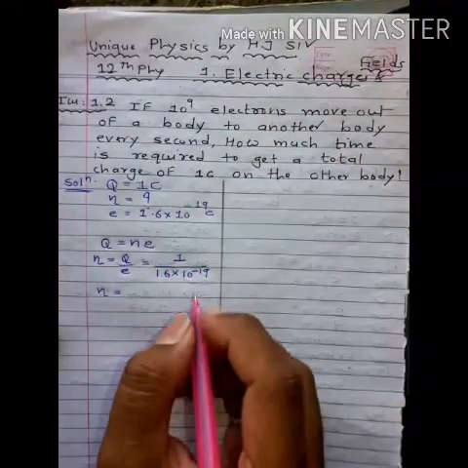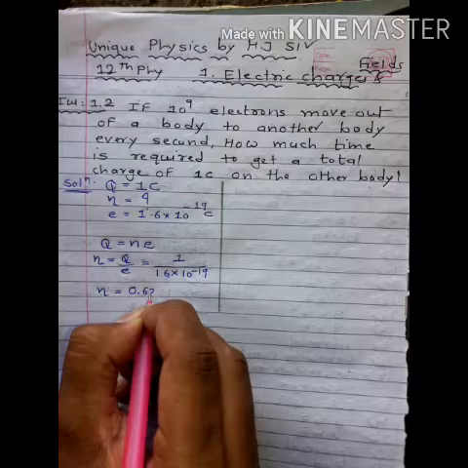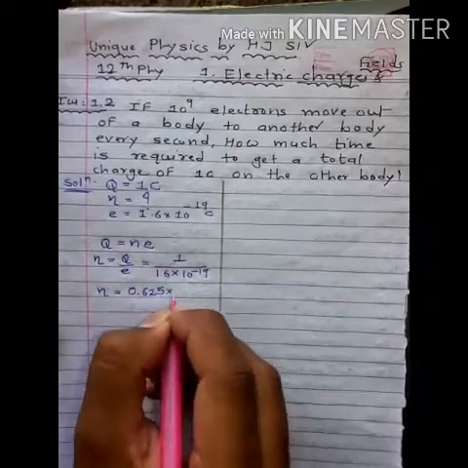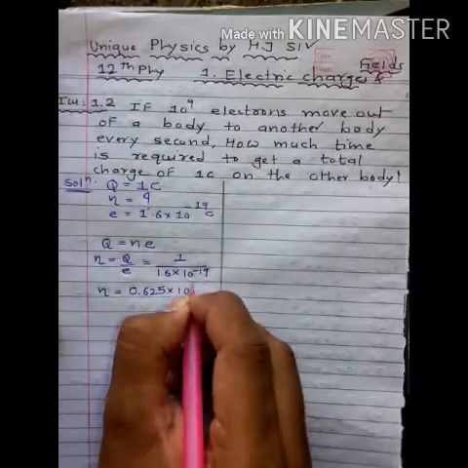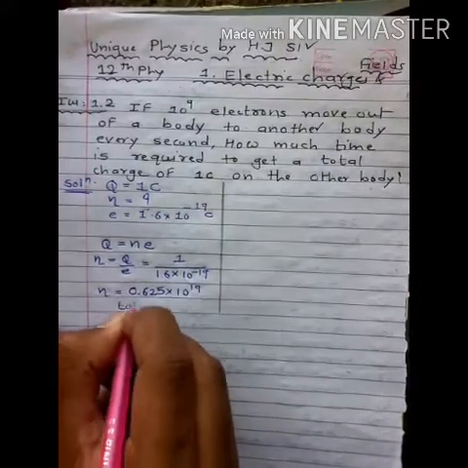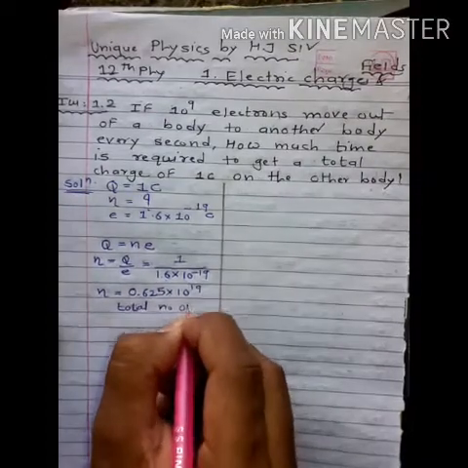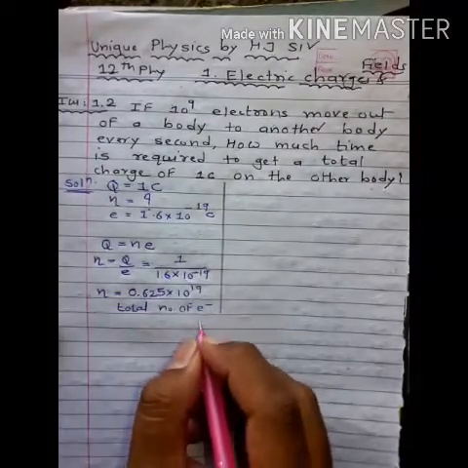Now solve this example. So the number of electrons is 0.625 into 10 to the power 19. This number represents the total number of electrons.